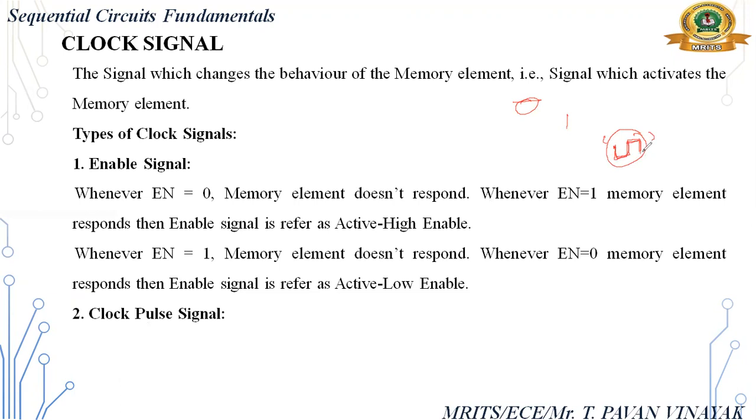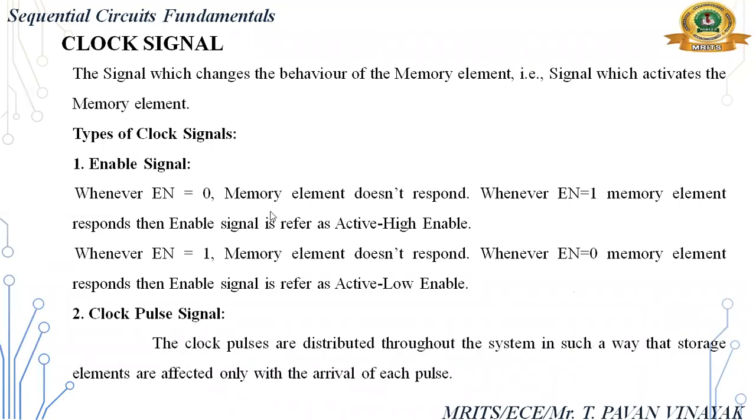This is the second pulse, and this is the third pulse. Based on these pulses, the memory element will be activated. The clock pulse is distributed throughout the system. This is the symbol of the clock pulse.